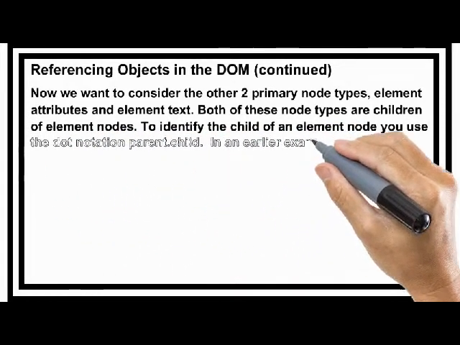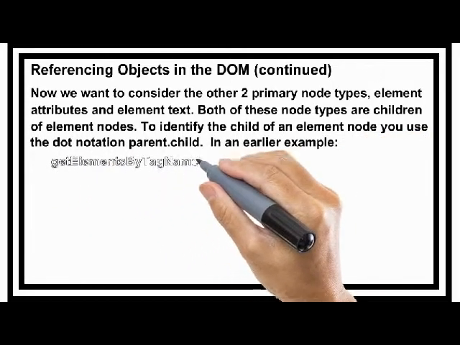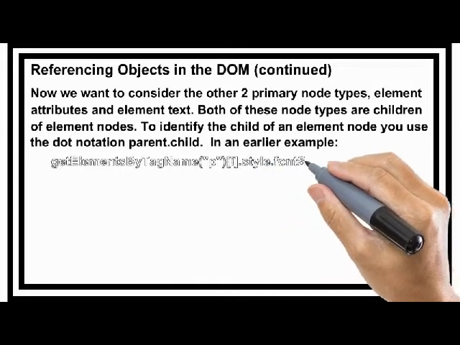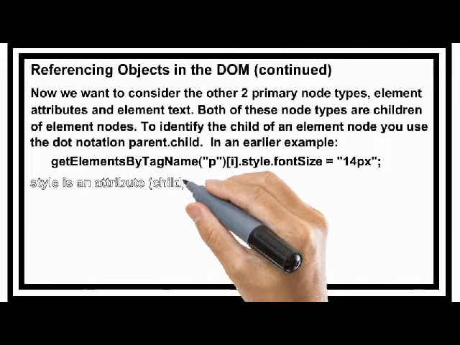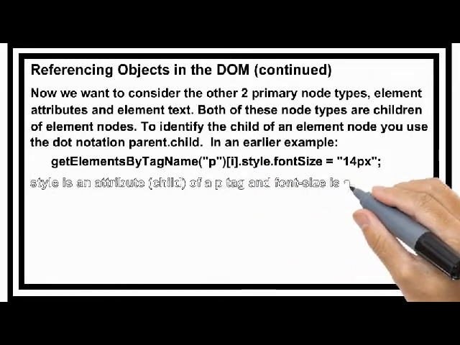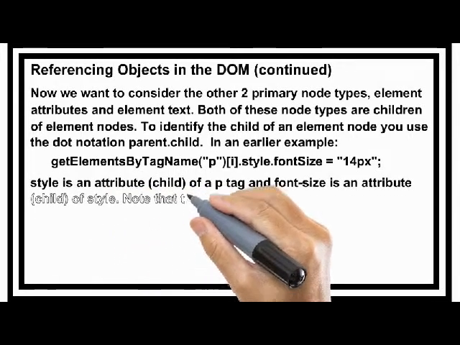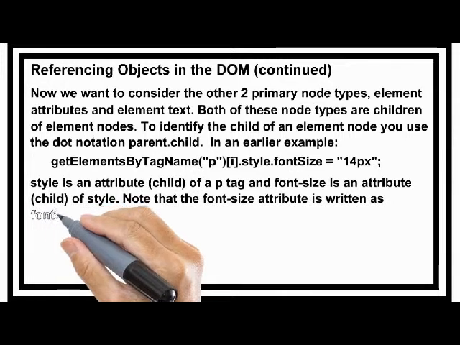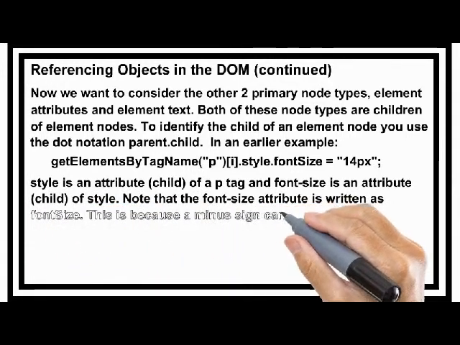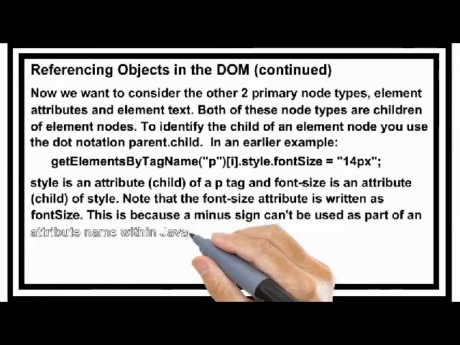In an earlier example, getElementsByTagName paragraph, i, style equals fontSize, 14 pixels. Style is an attribute or child of a P tag, and fontSize is an attribute or child of style. Note that the fontSize attribute is written as font capital S size. This is because a minus sign can't be used as part of an attribute name within JavaScript.